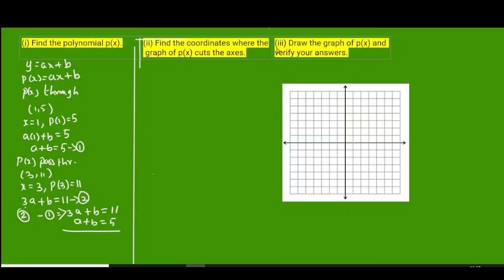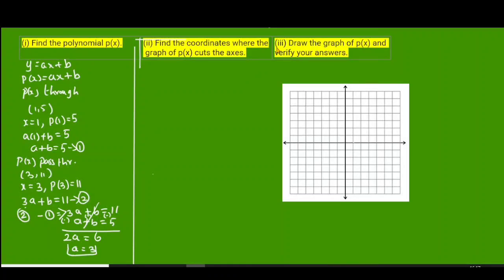While subtracting this, change the signs over here. b and b cancel. 3a minus a is 2a is equal to 6, 11 minus 5. So a is nothing but 3.